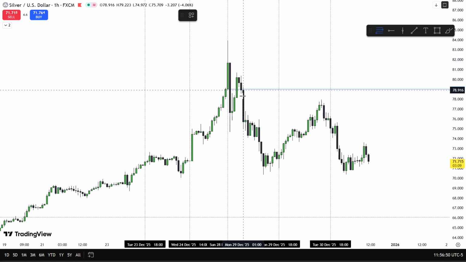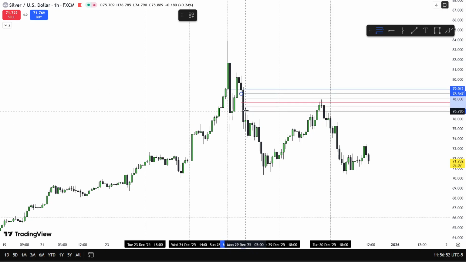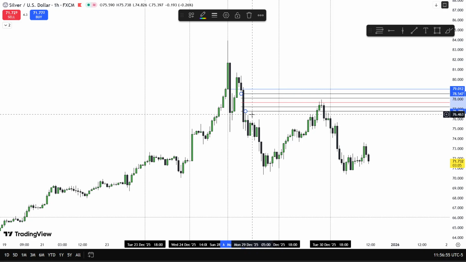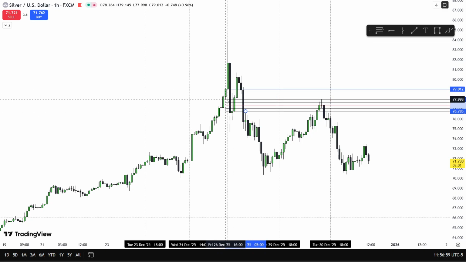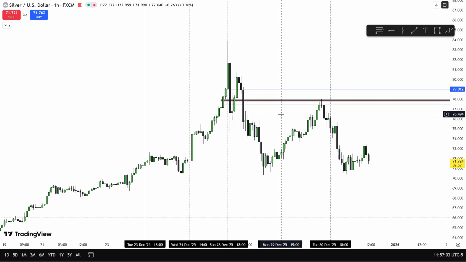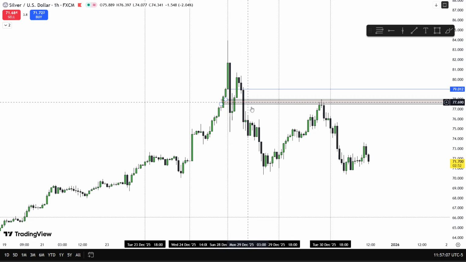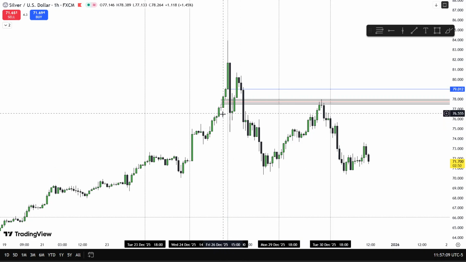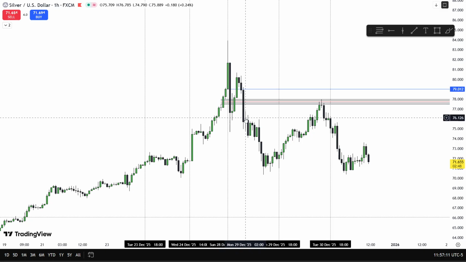I can see an imbalance in here, and right here is an imbalance too. Why am I choosing this imbalance over these many imbalances? Well, this is a greater imbalance.